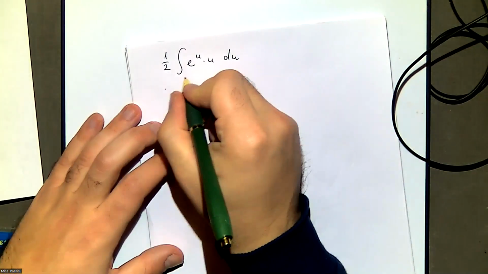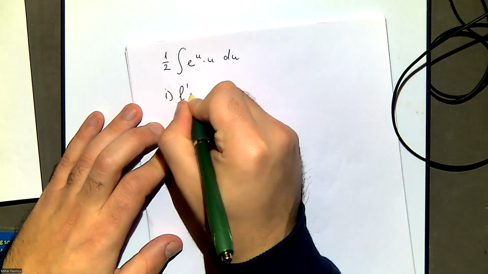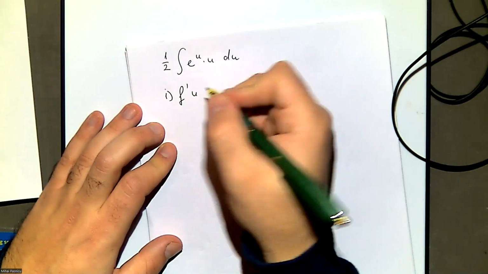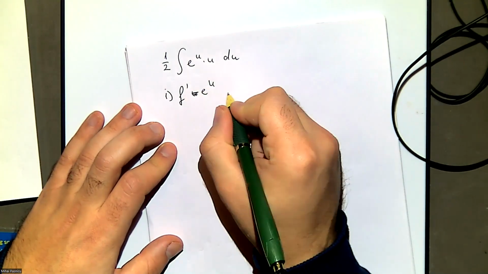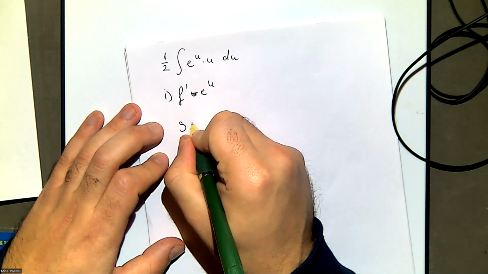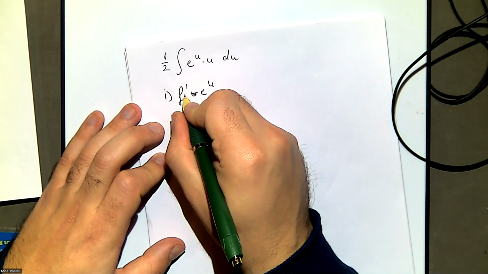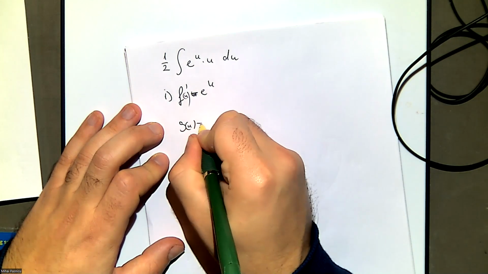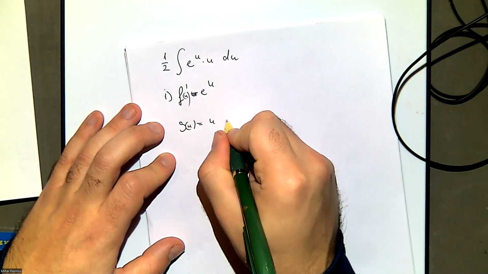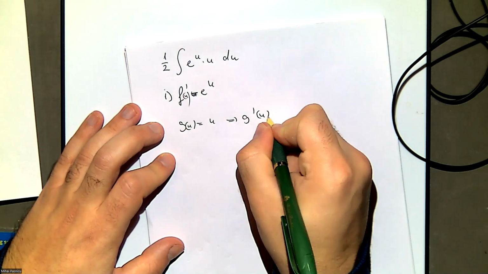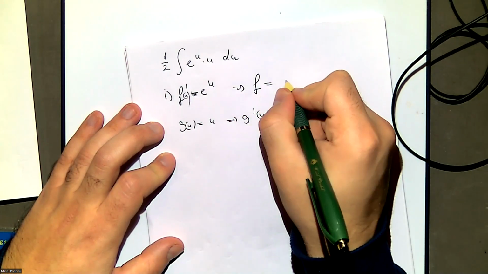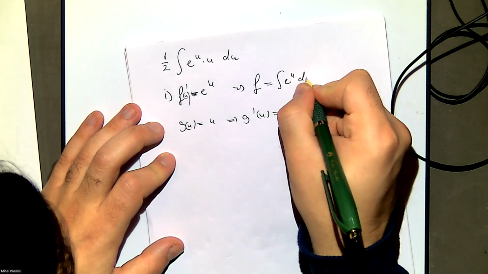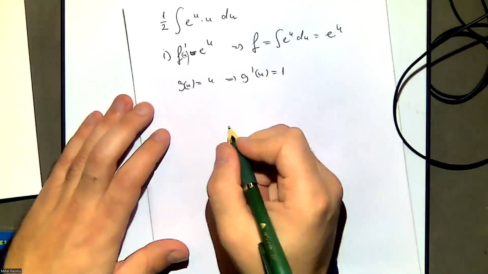So again, the first case, f prime of u is equal to e of u, and g of u is equal to u, so g prime of u is equal to 1. F is equal to integral e of u du, which is just e of u.